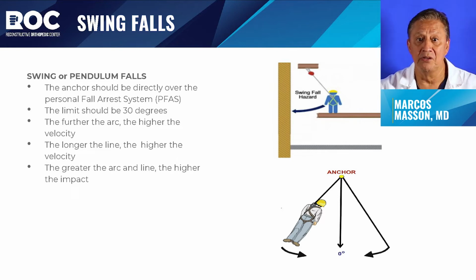The longer the line from the center of the anchor, the higher the velocity and the higher the impact. The greater the arc and the higher the impact essentially can cause significant injury. So it's important to try to be right underneath, if you will, the anchor if you can, and not to exceed those 30 degrees.